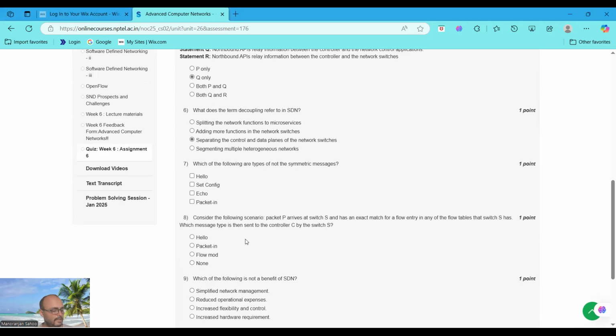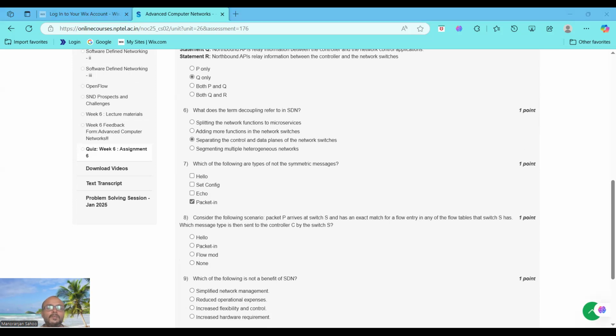Moving to question number 7. Which of the following are the type of not the symmetric message? Packet in is not the type of any symmetric message.